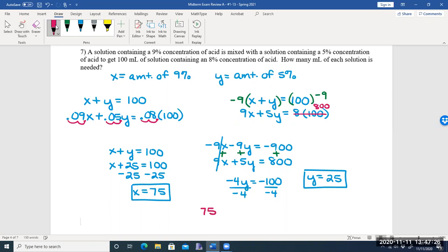So we've got 75 milliliters of the 9% and 25 milliliters of the 5%. So just make sure you know which is which. This one asks for both, but if it only asks for one or the other, you just want to make sure you report the correct answer.